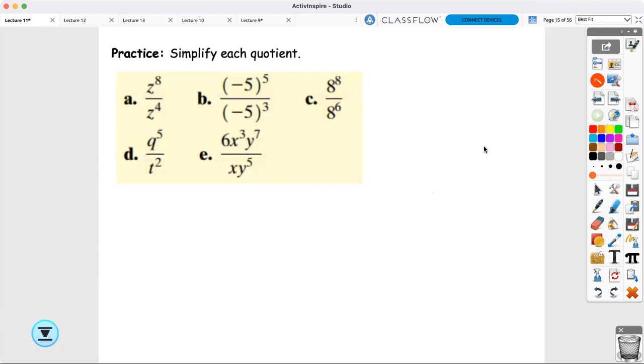All right, let's input our answers for D, guys. Excellent. Again, q to the 5th over t squared.